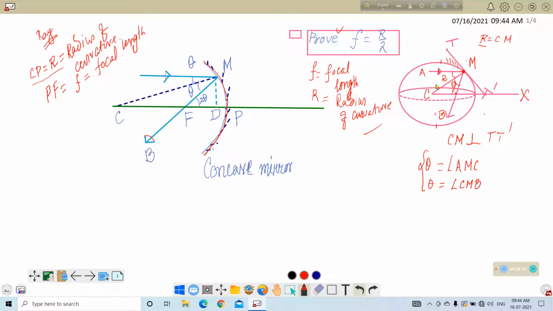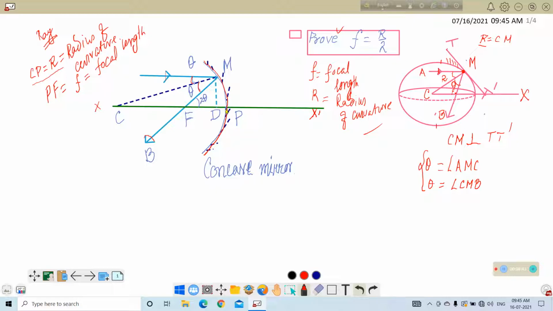And from the previous principle we know that this is the angle of incidence theta and this is angle of reflection again theta. Now the principal axis, actually X prime, this line is the principal axis, and on the principal axis there is a point that is called pole.